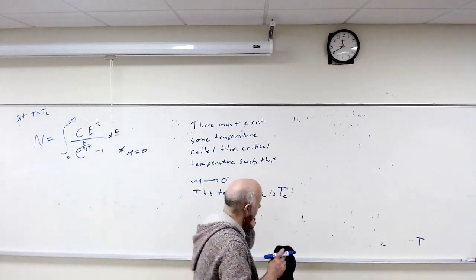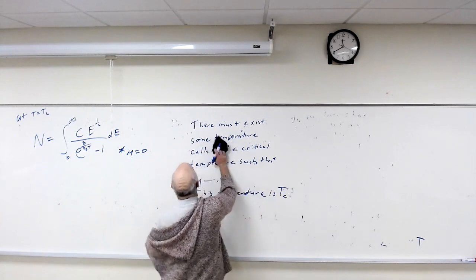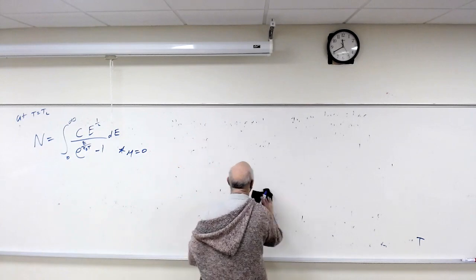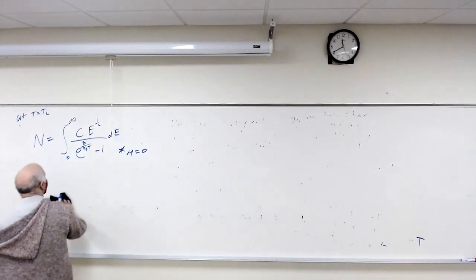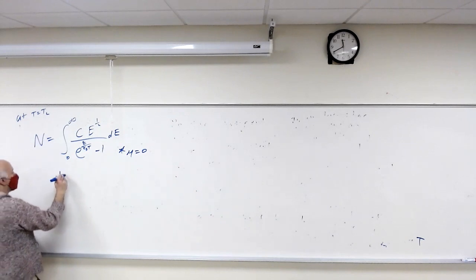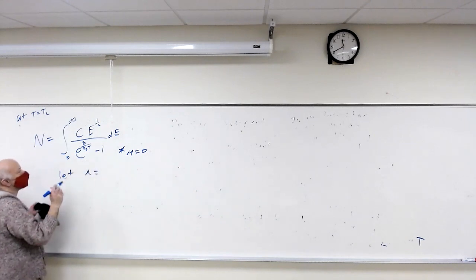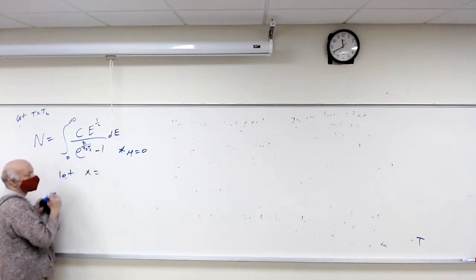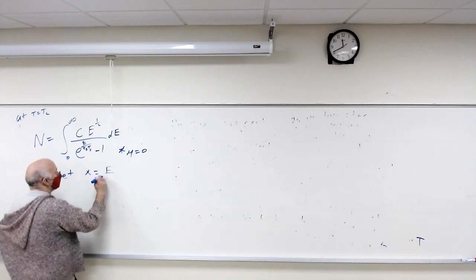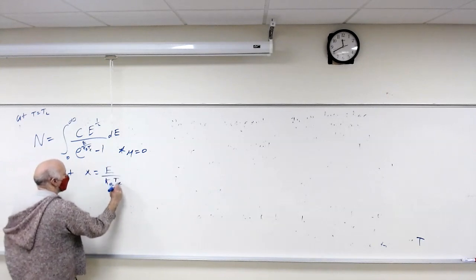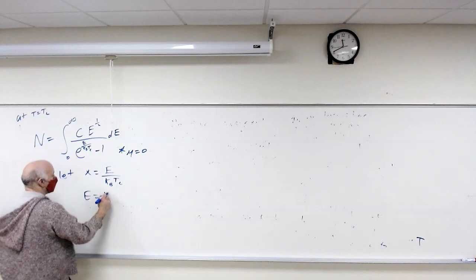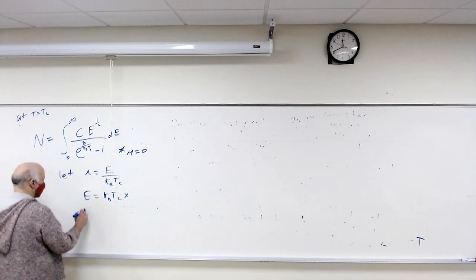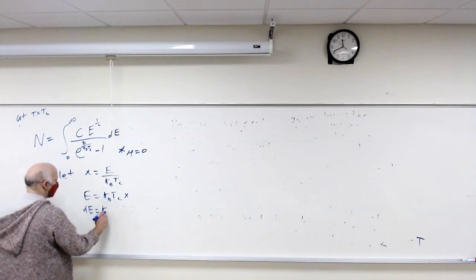I'll give you a hint: you're going to make a variable change, and then you use a friend. Set x equal to e over kBT. What did I say that T is? Tc. So this is going to be e over kBTc. So our e is kBTc x, and so de is kBTc.